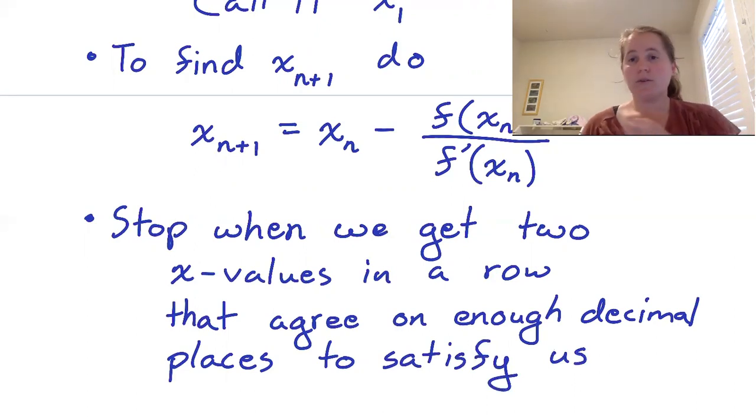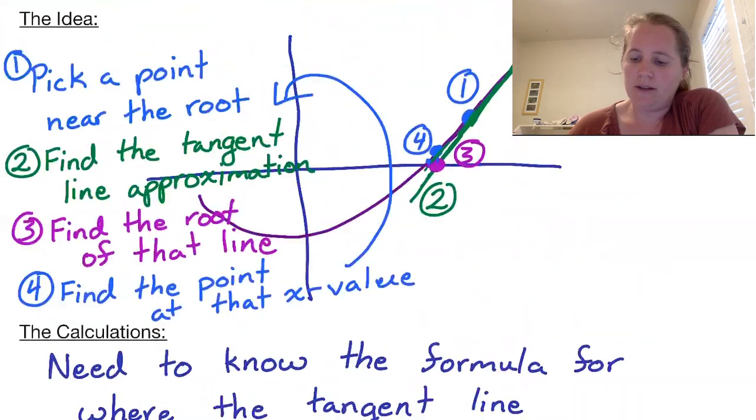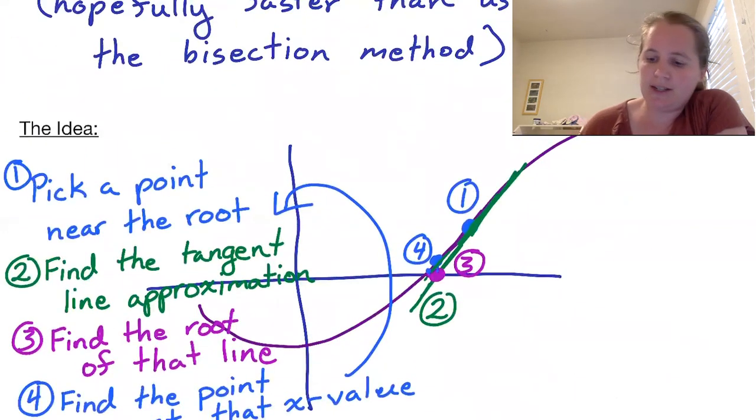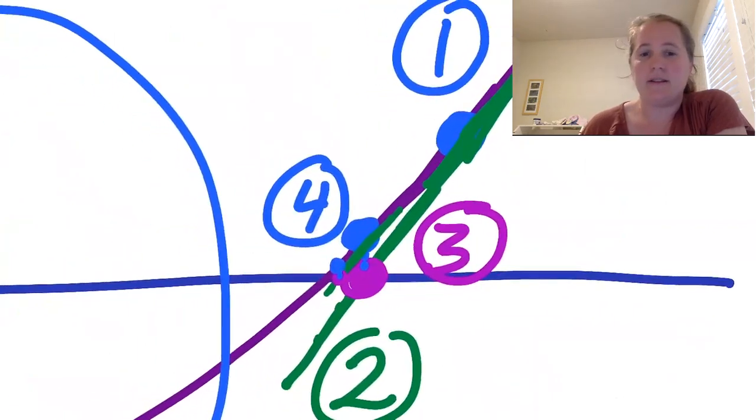In the next video, we'll see a little more of what I mean by this process. I'll do a couple of examples for you of just how it works. But again, it is all based off of that picture I drew. If we use a tangent line approximation, that gets us a little closer to the root, at least that's the goal.